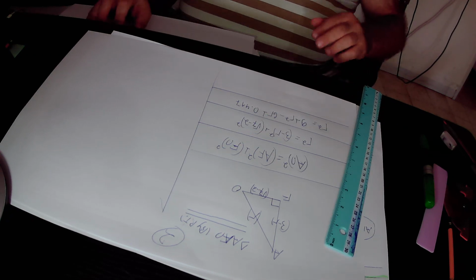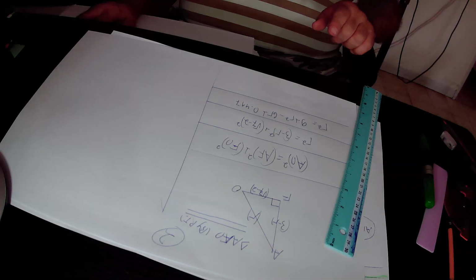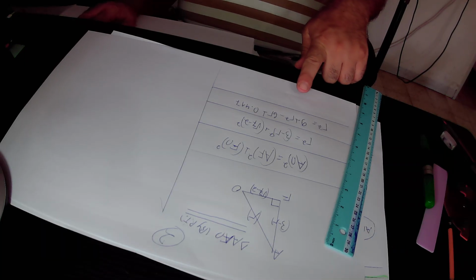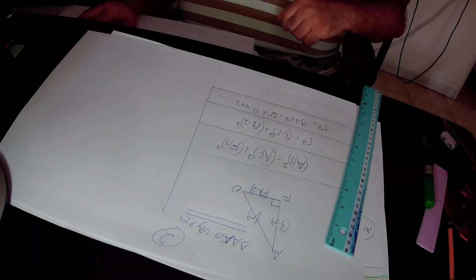So in total, you found that R squared equals 9 plus R squared minus 6R plus 0.417.